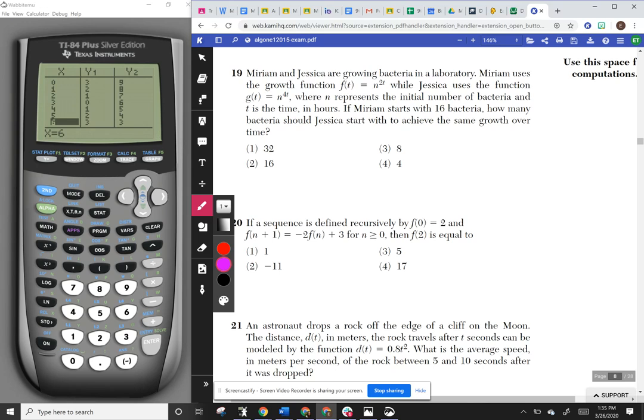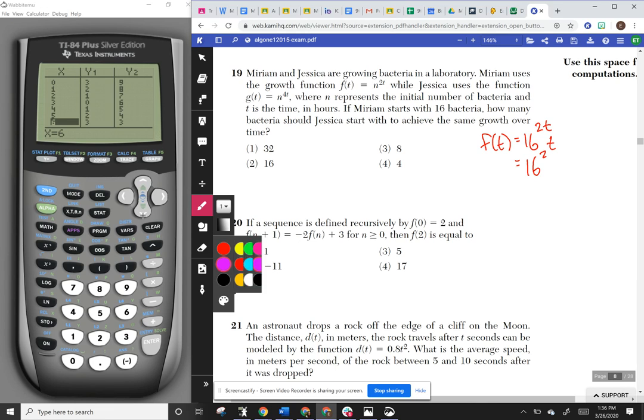Okay, so let's see. So we have Miriam, which is f of t, starting with 16. So that's 16 to the 2t. And we can rewrite this as 16 squared to the power of t. So that's going to be the same thing.